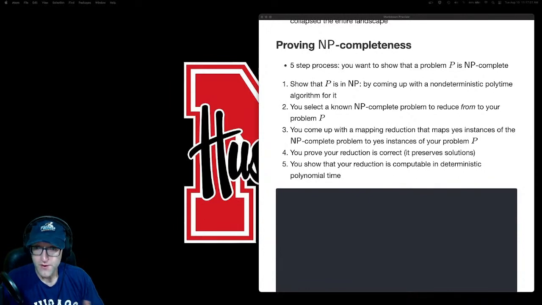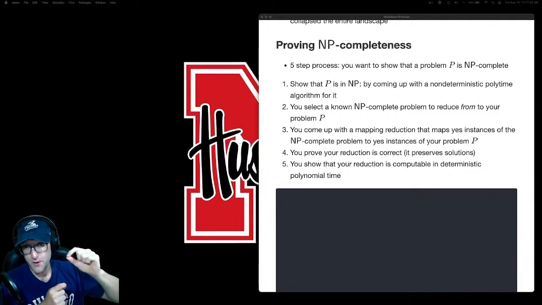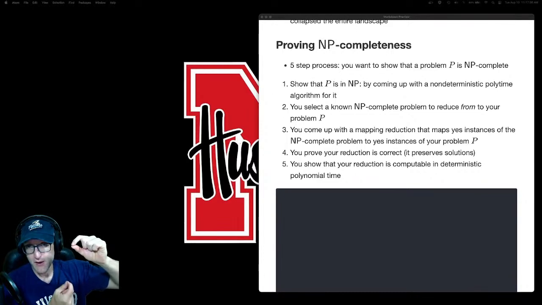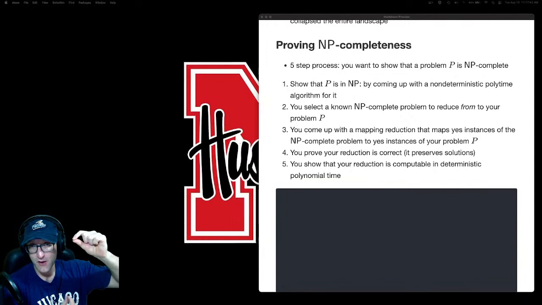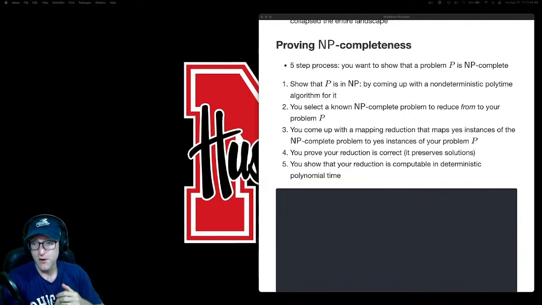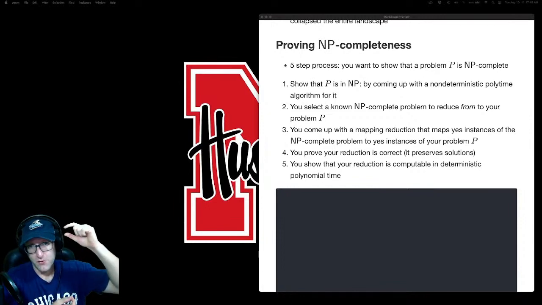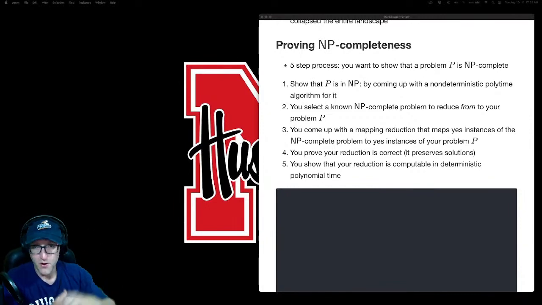Then you need to prove that your reduction is correct, that it preserves solutions, so that when I reduce one NP-complete problem to another problem, yes instances down here are preserved to yes instances up here. No instances down here are preserved to no instances up here. Usually that's by exclusion, though, right? Yes, if and only if yes. By exclusion, no, if and only if no, so you don't have to take care of that second step.